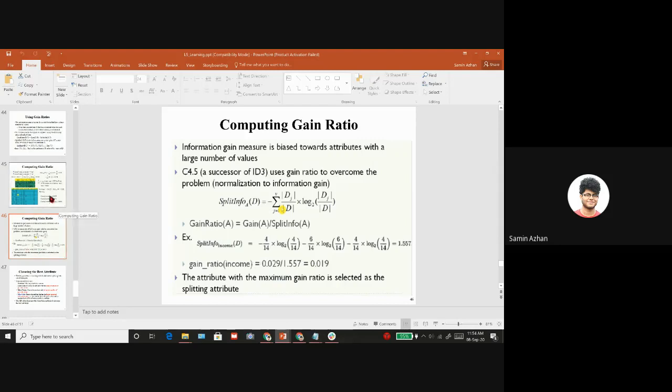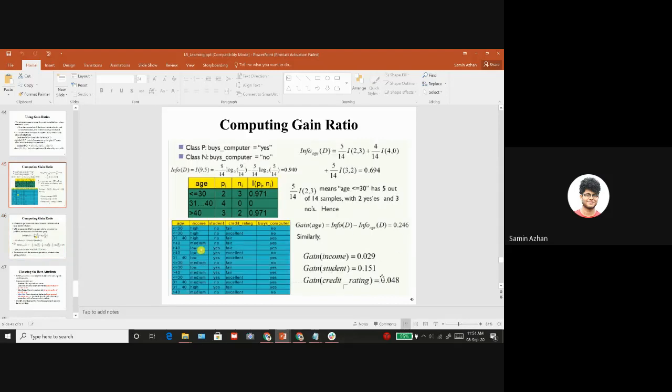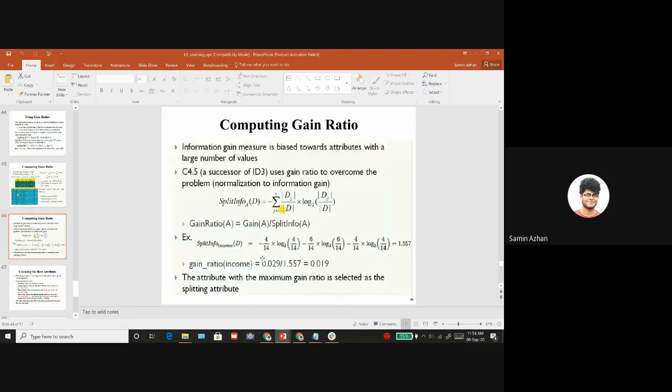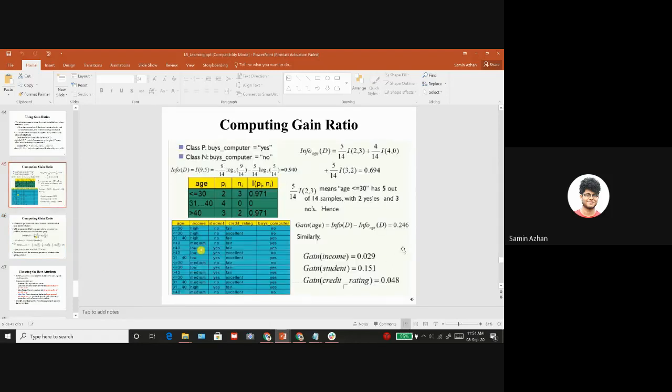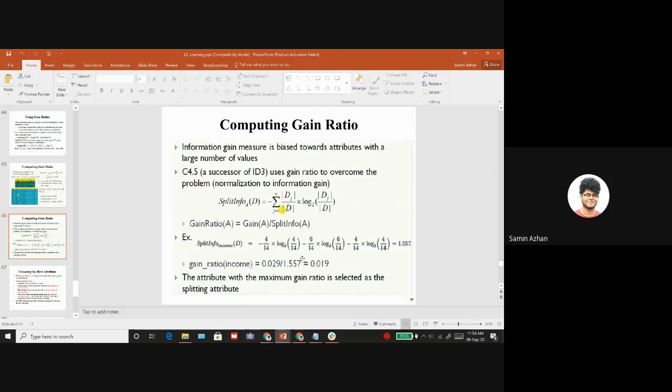After calculating the gain for each attribute, we calculate the split info for each attribute, and then we have to calculate the gain ratio. In the slide, the gain ratio for income is given, which is basically the information gain divided by the split info. The information gain was 0.029, and the split info is 1.557.